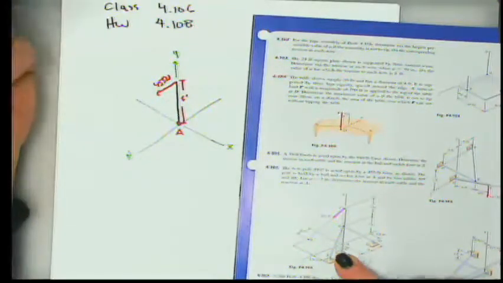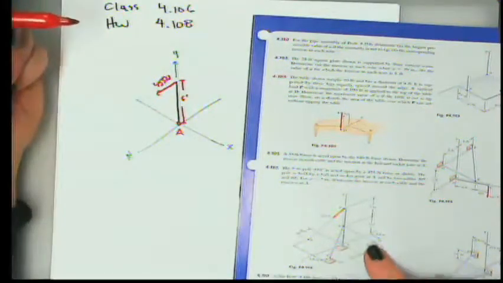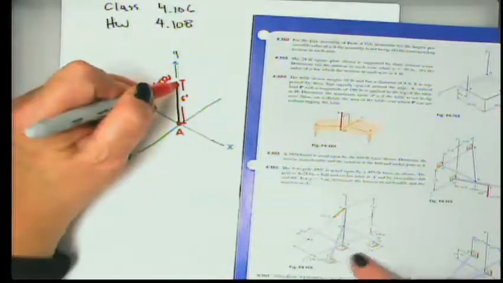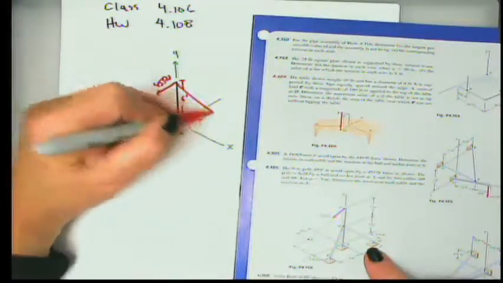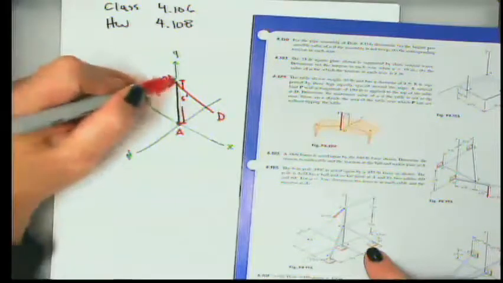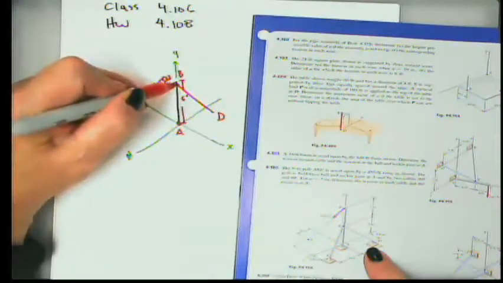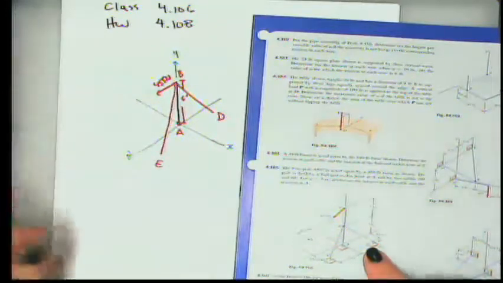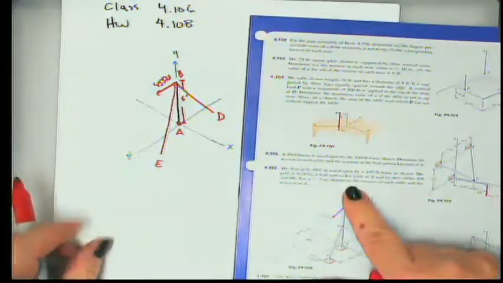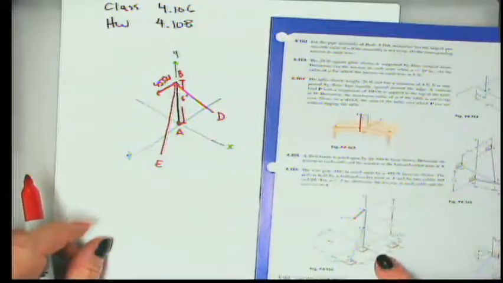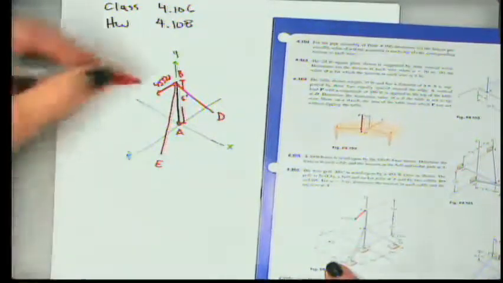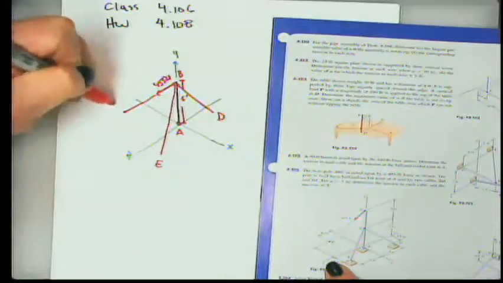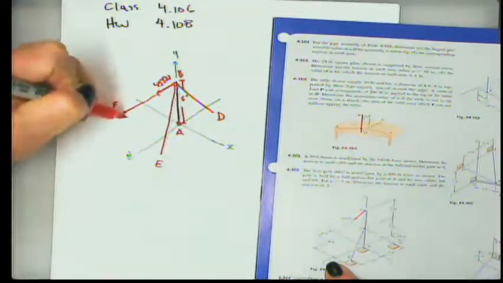And 2 cables, B to D and B to E. So B to D looks like this. This is point B. And B to E looks like this. Okay? For A is equal to 3 meters. In other words, where this connects at point F is 3 meters this way.